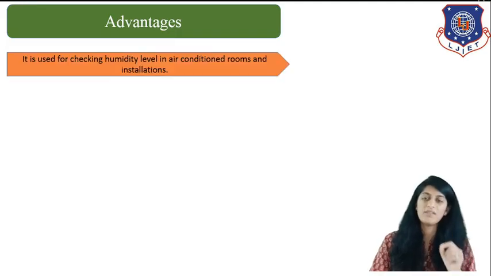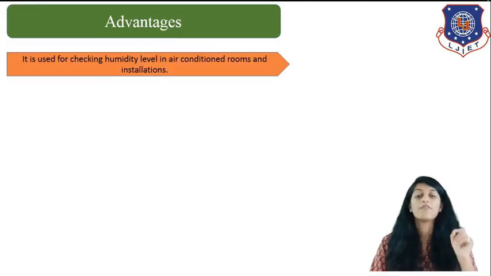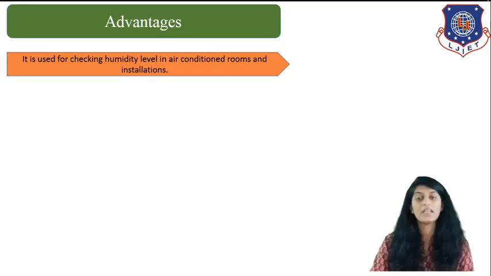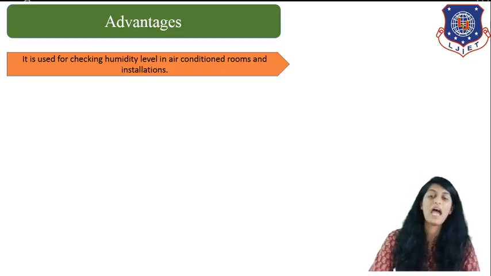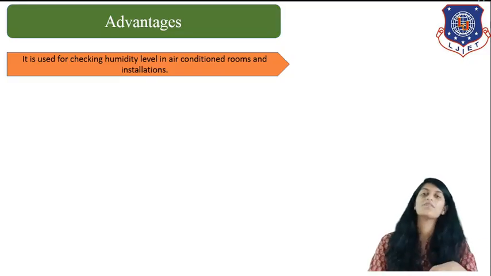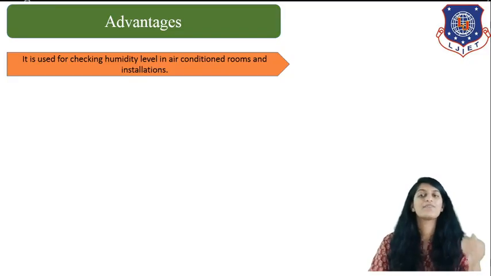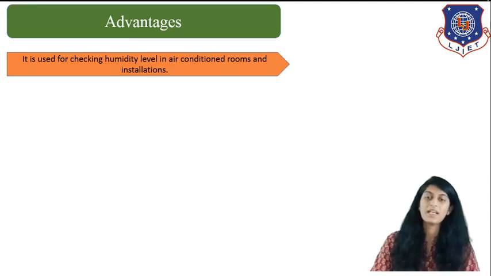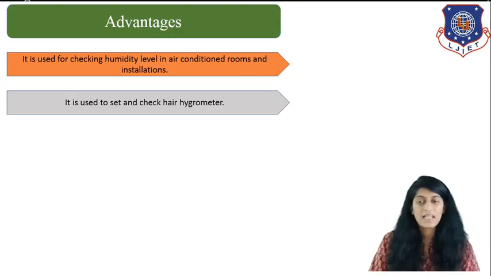Talking about advantages, the first advantage of using a psychrometer is that it is used for checking humidity level in an air conditioned room and installation. So, whenever we are using ACs, we can easily use this equipment to determine the humidity level. Next advantage is that it is used to set and check a hair hygrometer, right?